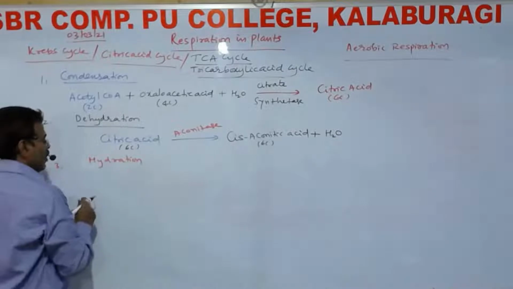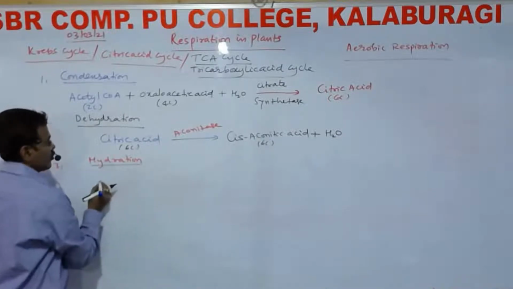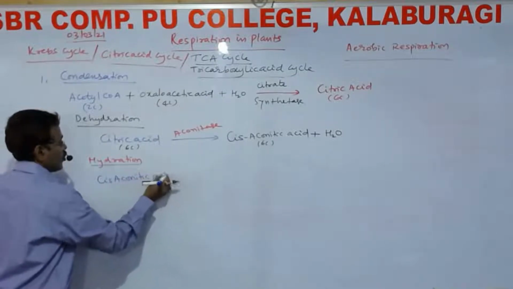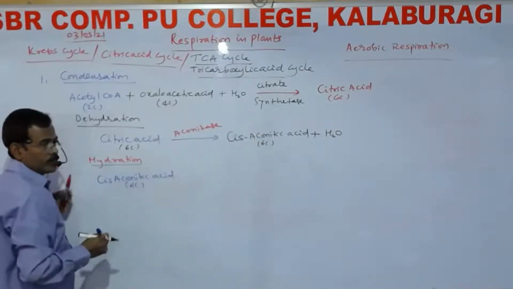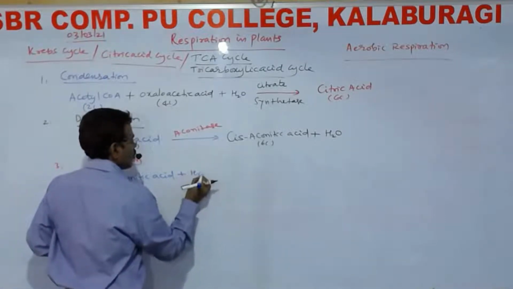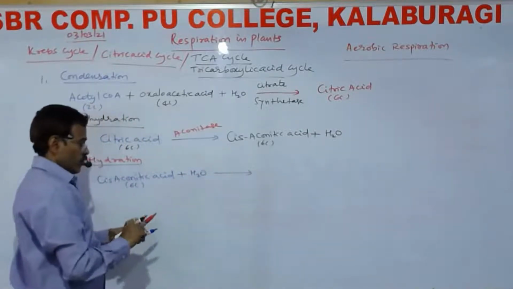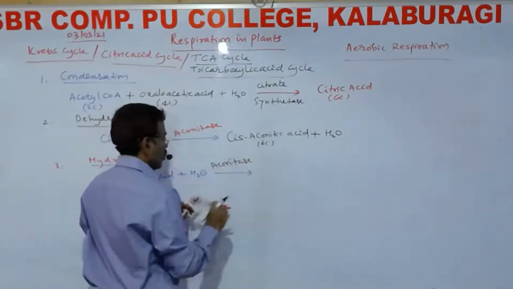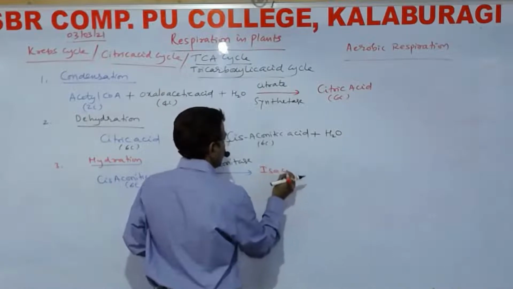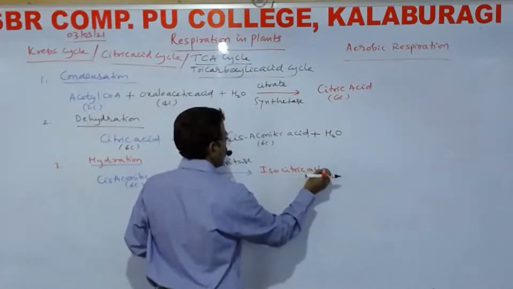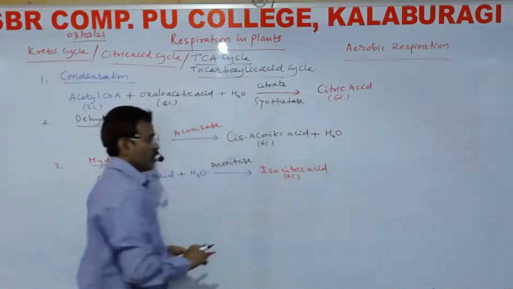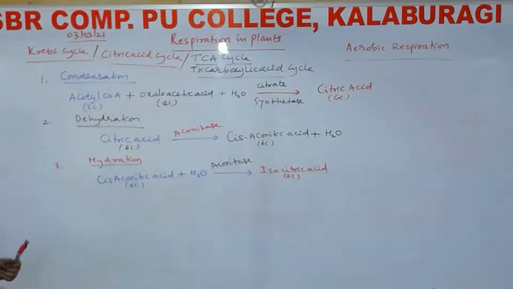So cis-aconitic acid on hydration, same enzyme, aconitase, it produces isocitric acid, 6-carbon isocitric acid we will get. This is the third step.